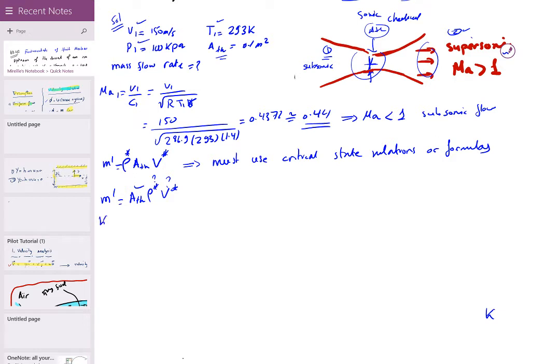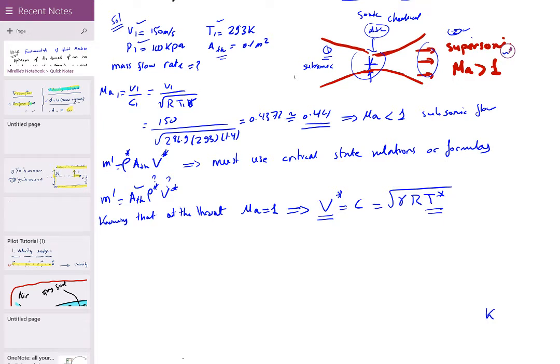Knowing that at the throat the Mach number equals 1, this implies my critical velocity at the throat equals the speed of sound, which equals square root of gamma R T critical. Therefore, for me to find V critical, I must find T critical.